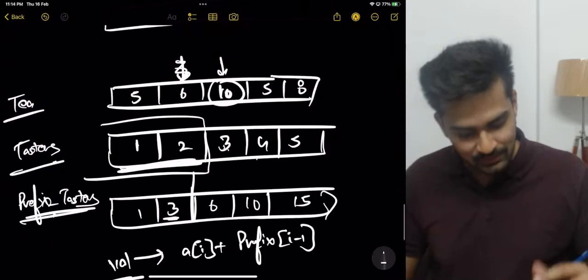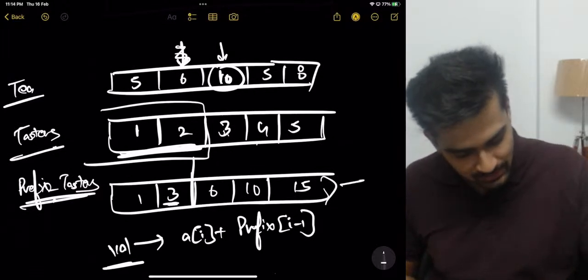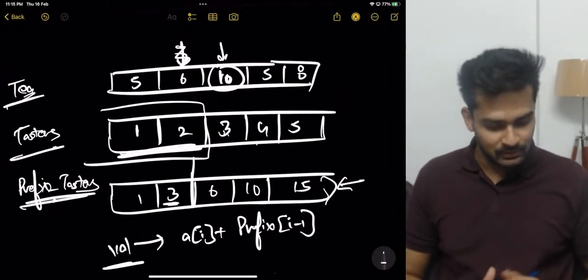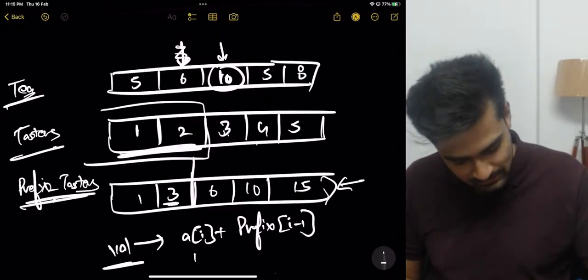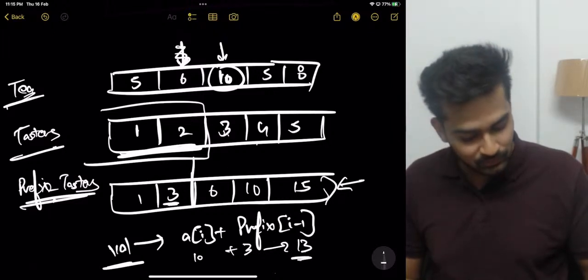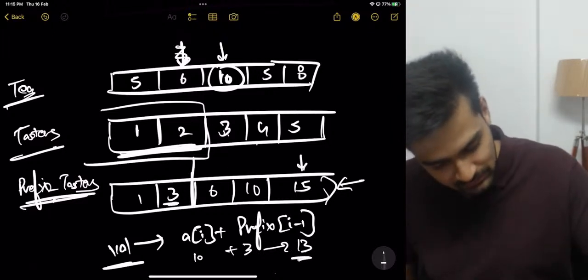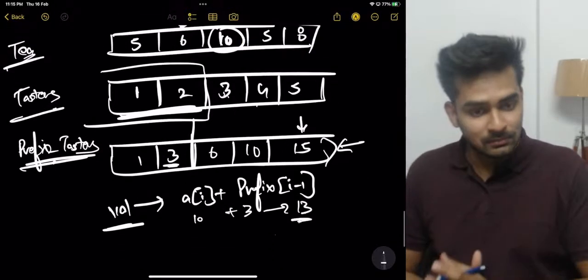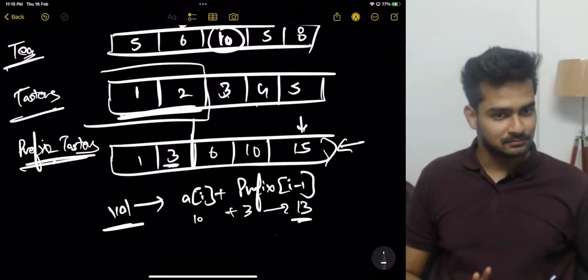This value is something which you need to see in this prefix array, and it will tell you till which index this T will move. When A of I is 10 and prefix is 3, this gives you 13. When you figure out the lower bound of 13, you will come onto this 15, which means you are able to move till the 5th person.